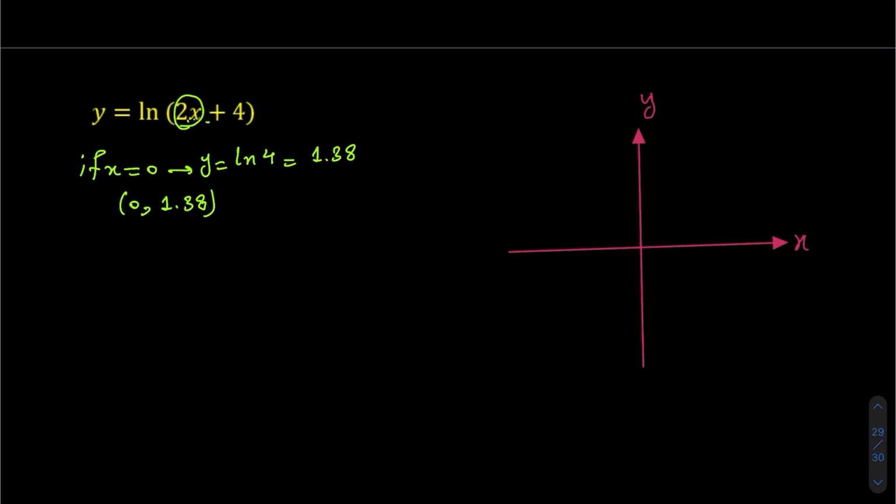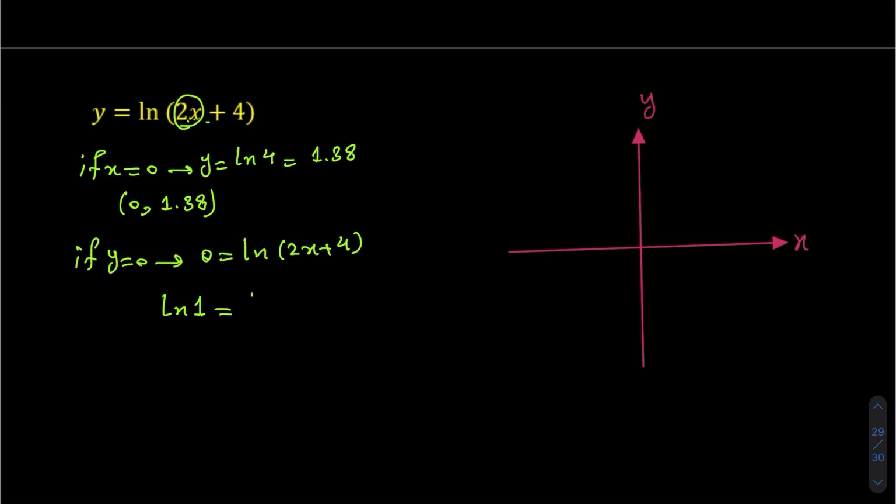So that means this is one of the points that we got, the ordered pair, or coordinate, 0 and 1.38. Okay, and when y is equal to 0, let's see what will happen. If y is equal to 0, then what will happen to x? Then 0 will be equal to ln of 2x plus 4, right? And here, how can we go further? Well, instead of 0, I can write ln, or natural logarithm, of 1, because natural logarithm of 1 is equal to 0.